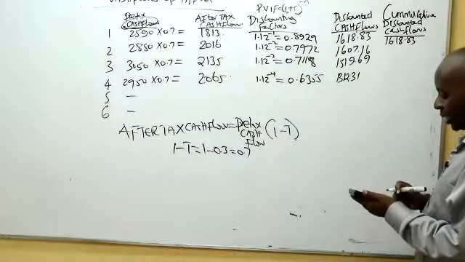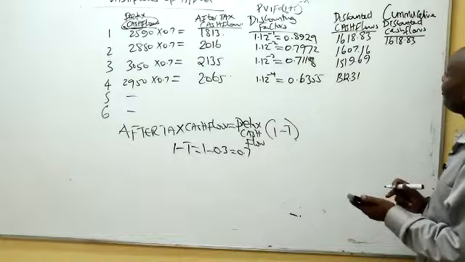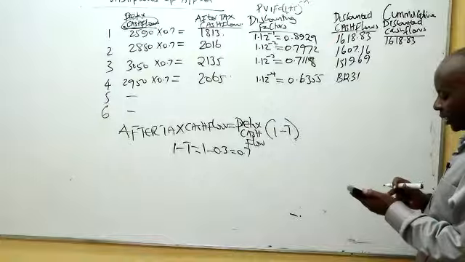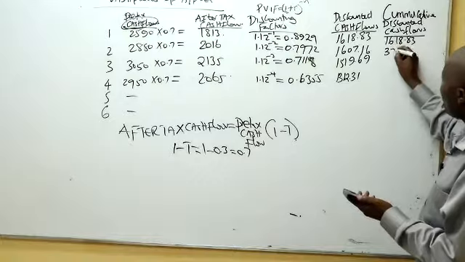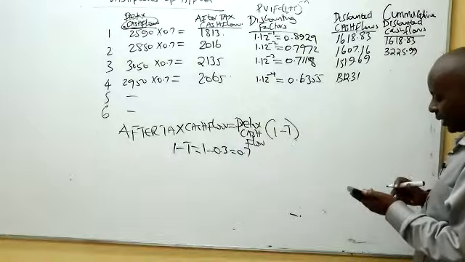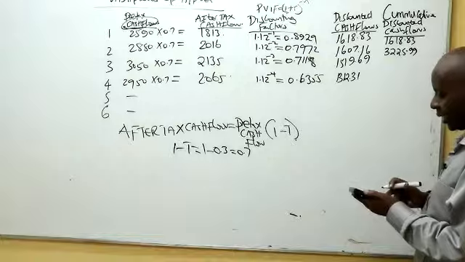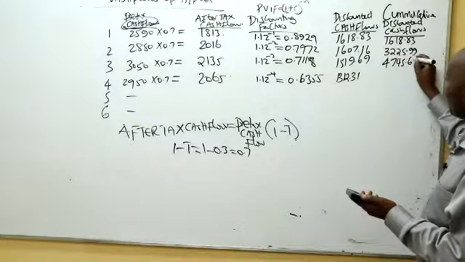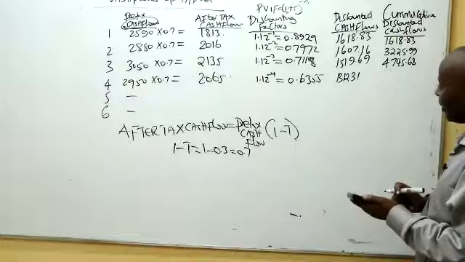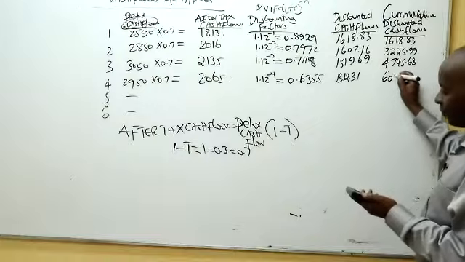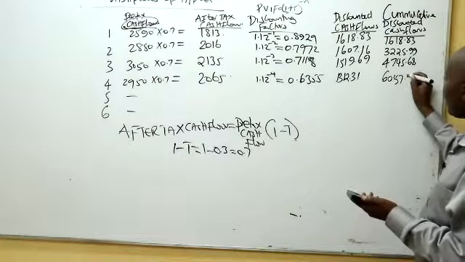So we have here 1618.83 plus 1607.16 equals, I'm getting 25.99, plus 1519.69 equals, I'm getting 45.68, plus 12.31. I'm getting 57.99.